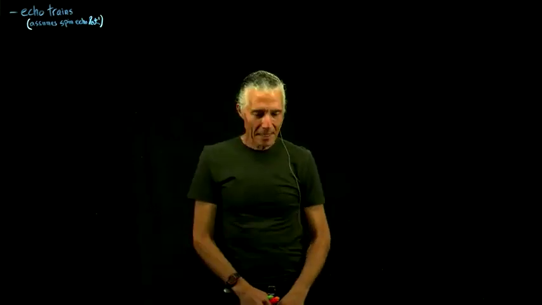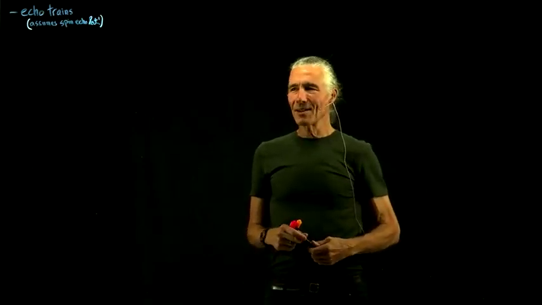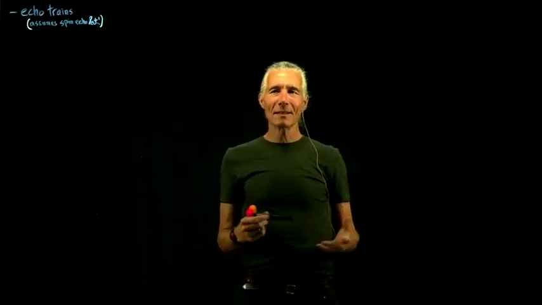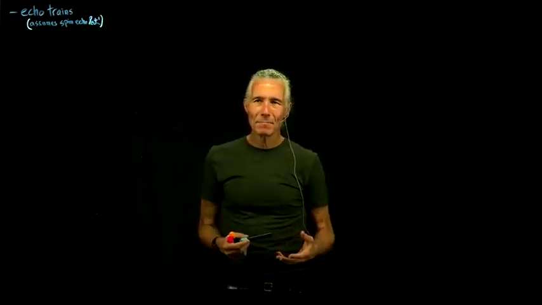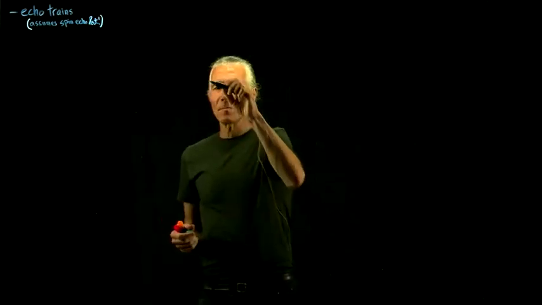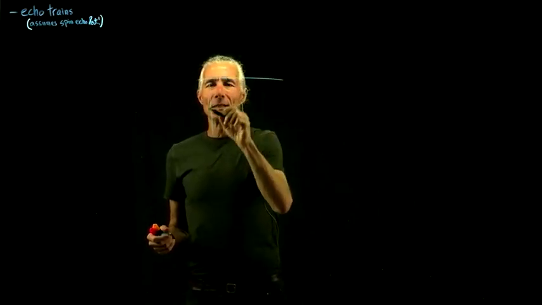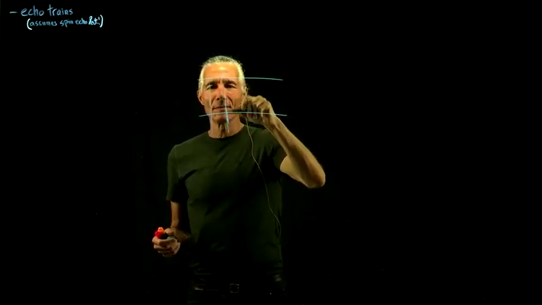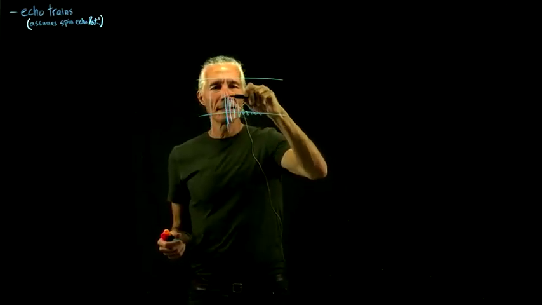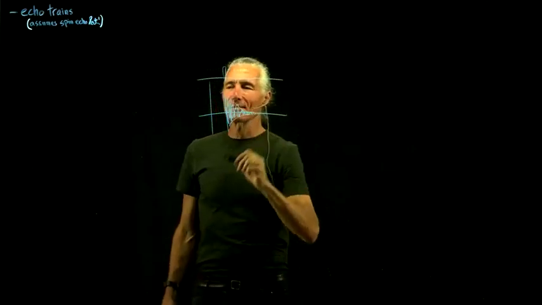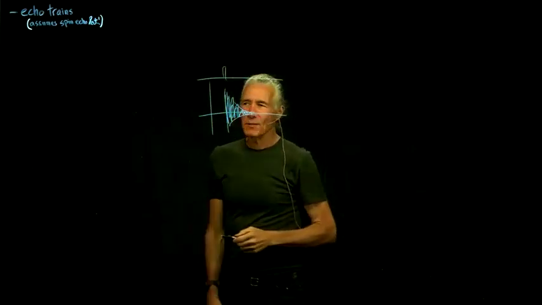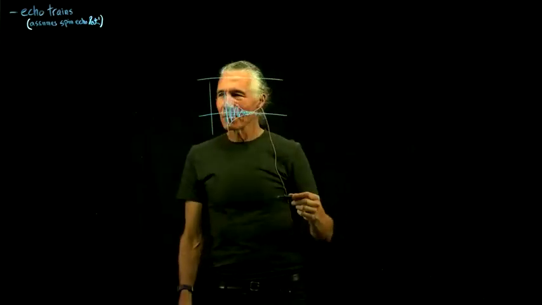So why do I call it an echo? What this comes from is really just strictly empirical observations. Basically what people did is they just did an RF pulse and then recorded what comes out. If you just do one RF pulse, you get a signal that comes out and dies away. And so what they did was, let's just do another one.